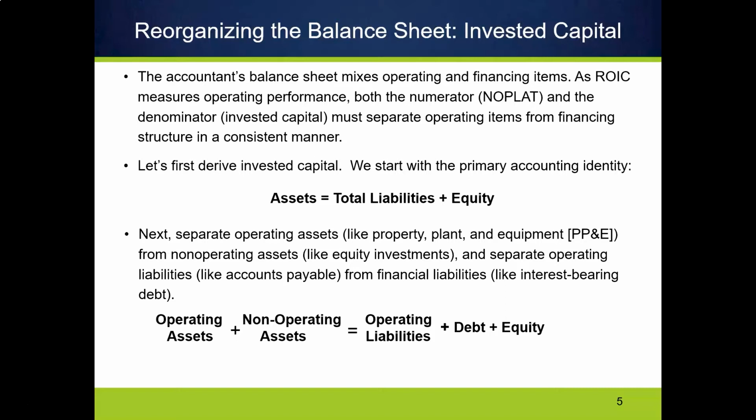Okay. So now we just reorganize that initial balance sheet identity into the same identity with different terms here. The operating assets plus non-operating assets should equal operating liabilities plus debt plus equity.